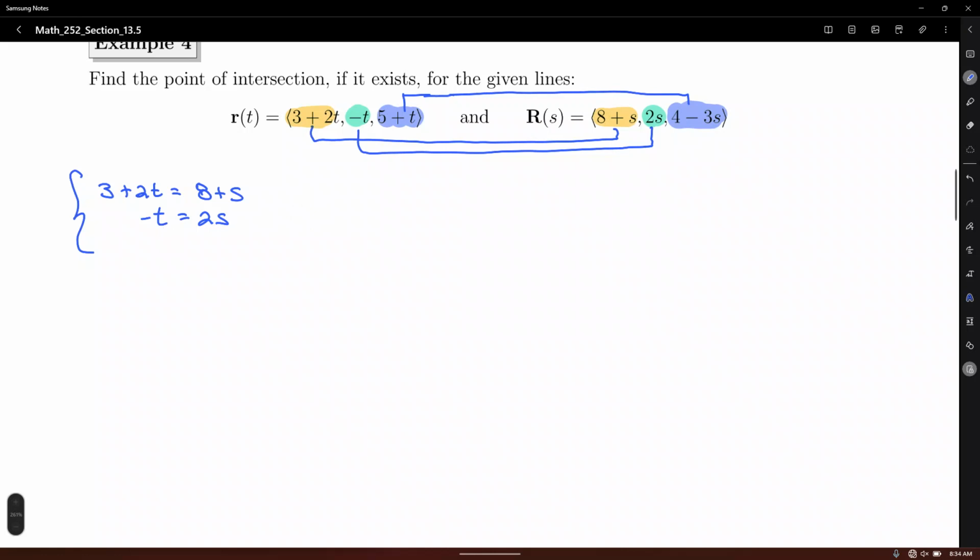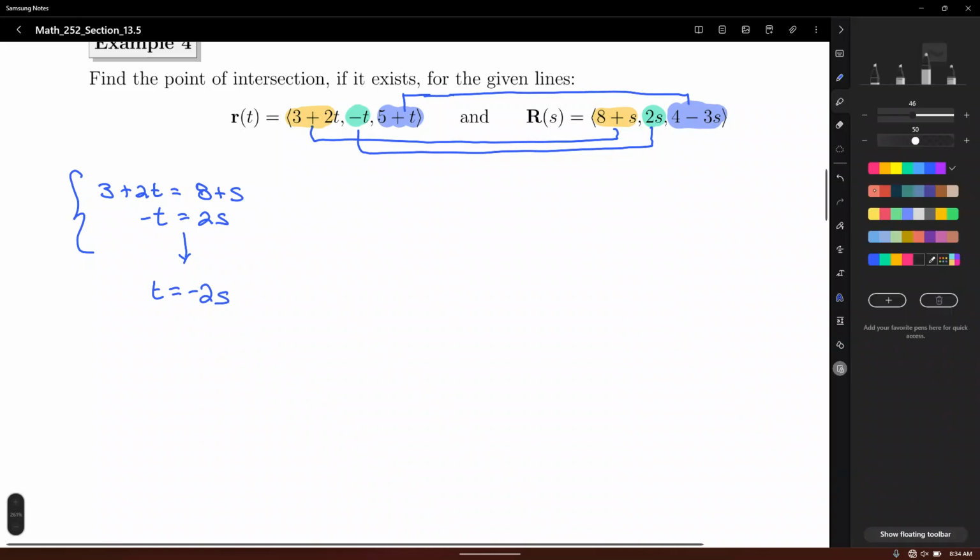So let's take advantage of that. Number one, I'm going to solve for t right here and call t equals negative 2s. Okay, so that's what we are going to substitute. Let me highlight it first. And then I'm going to substitute in the first equation here.